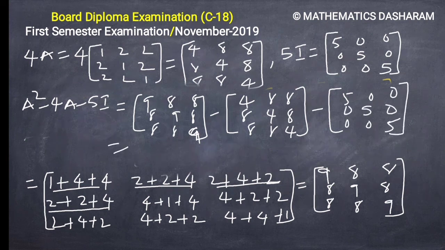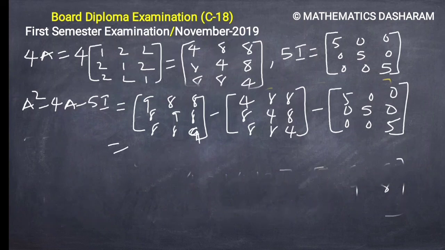So it equals: 9 minus 4 minus 5, 5 minus 5 is 0, 8 minus 8 is 0, 0 minus 0 is 0, 8 minus 8 is 0, 0 minus 0 is 0.